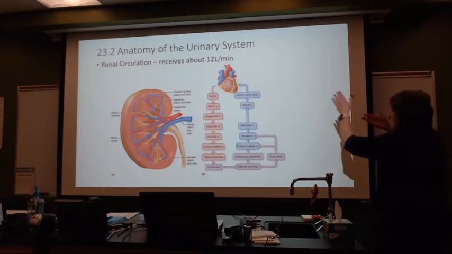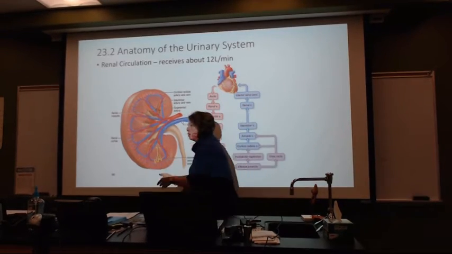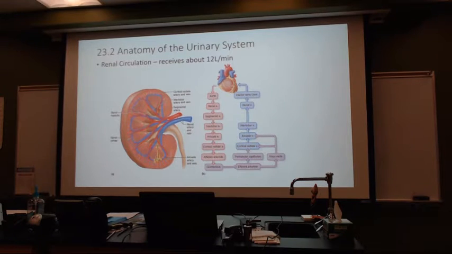What do you think has happened a whole lot to the pressure from the point where it leaves the heart, makes its way through the arch, begins to descend, and the first thing it hits is my renal arteries?